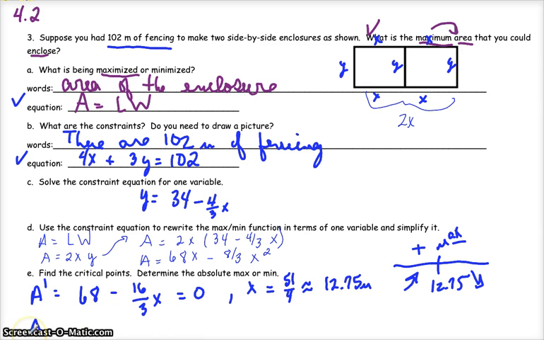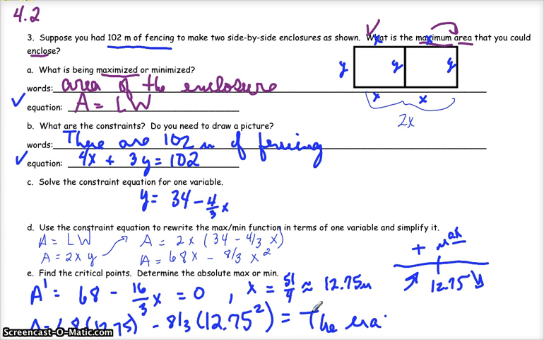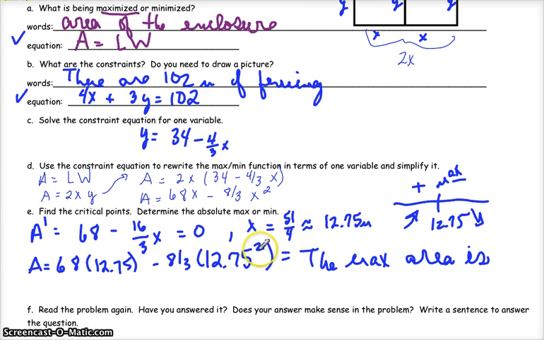So my area is equal to 68 times 12.75 minus 8/3 times 12.75 squared. And so the maximum area is 433.5 meters squared.